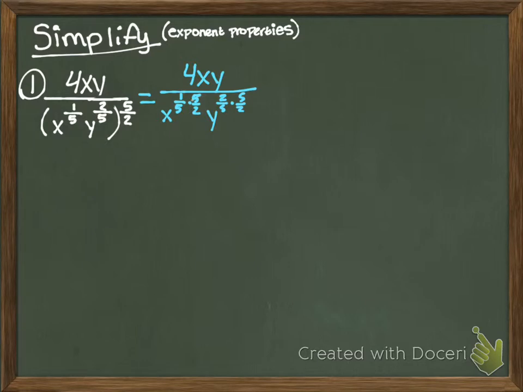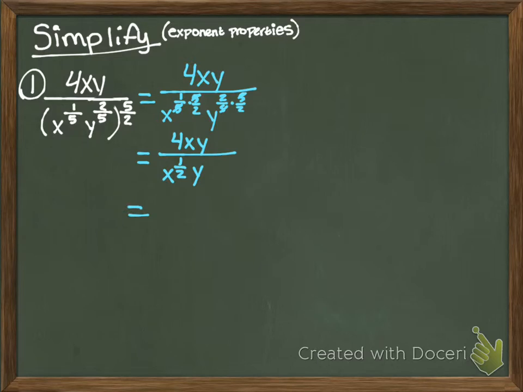Well, my 5's cancel. So I still haven't done anything with 4xy in the numerator. X, my 5's canceled, so I'm just left with x to the 1/2 in the denominator. My 5's canceled, so I'm left with y to the 2/2, which is just y.